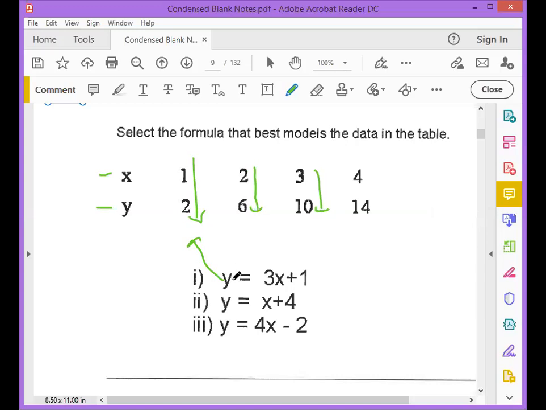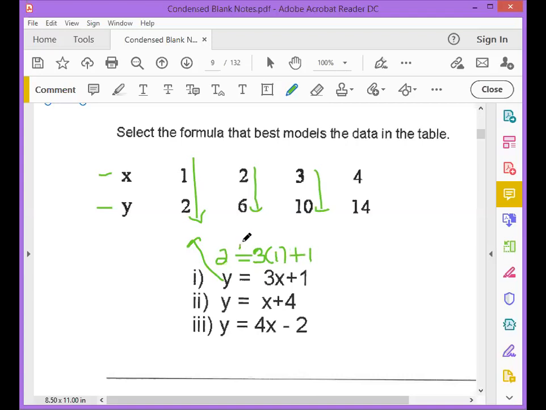Let's try testing the first ordered pair, using x equals 1 and y equals 2 in our equation, and we want to see if this is a true statement. So if we plug in 2 for y, we'll get 2 equals 3 times x plus 1. That's 3 times 1 for x, right, plus 1.